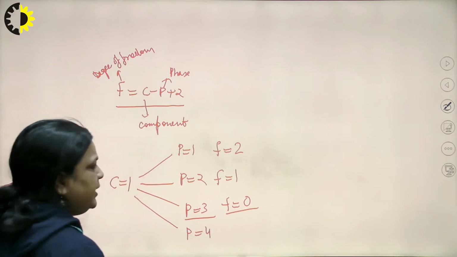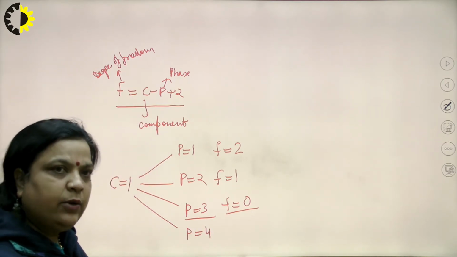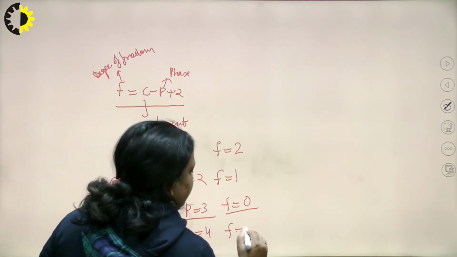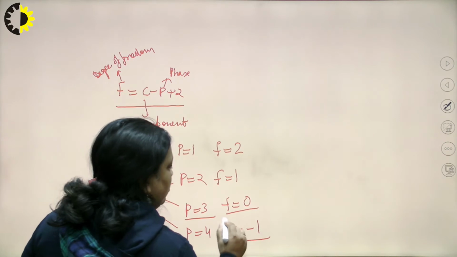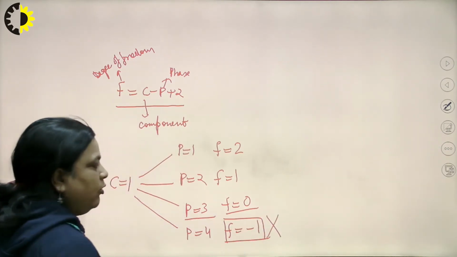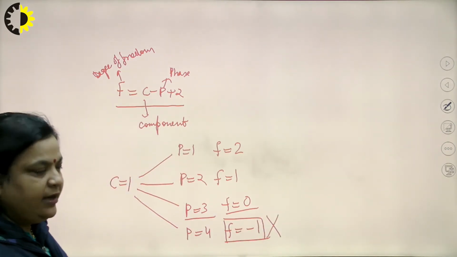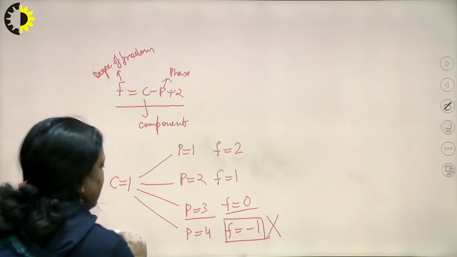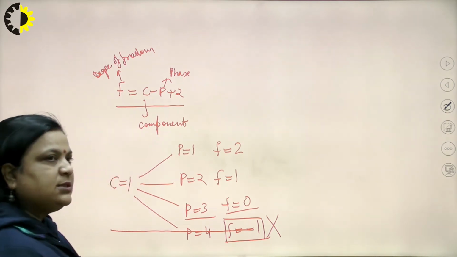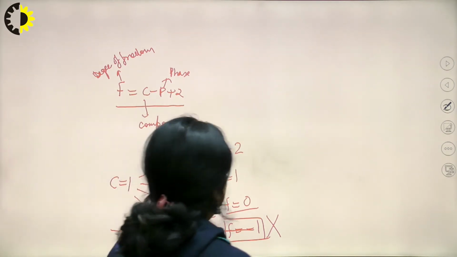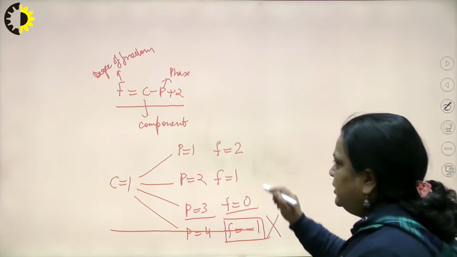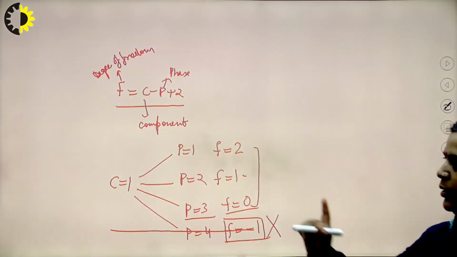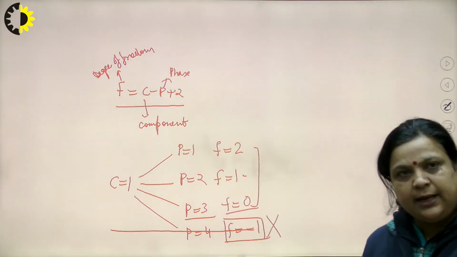There may be a possibility that 4 phases coexist in equilibrium, but for this condition when we calculate F, it will be negative, and we know that a negative value of F is not possible. That is, in a one component system it is not possible that 4 phases coexist in equilibrium. So, we get only these three possibilities: when phase is 1, when phase is 2 and when phase is 3.